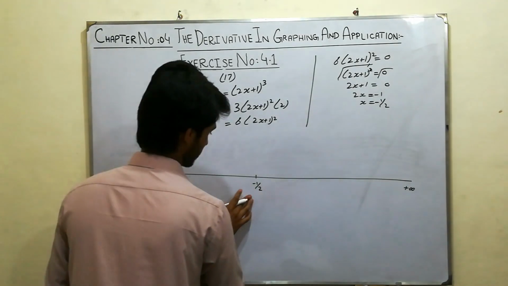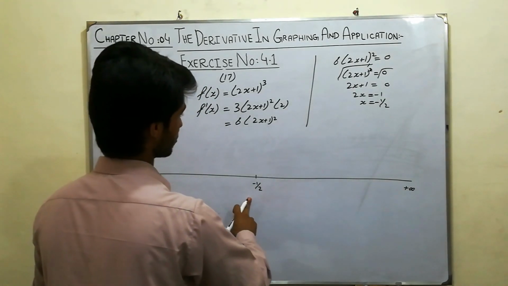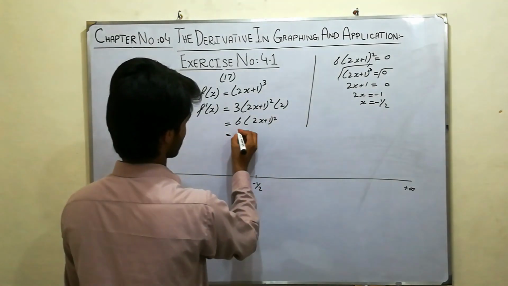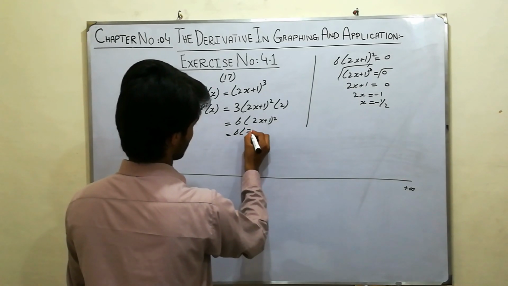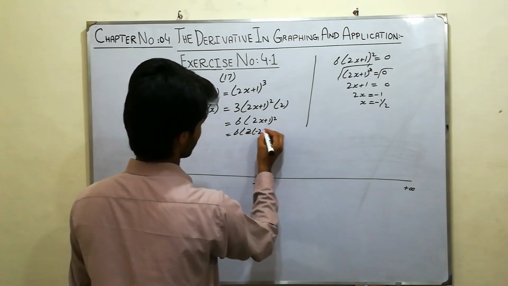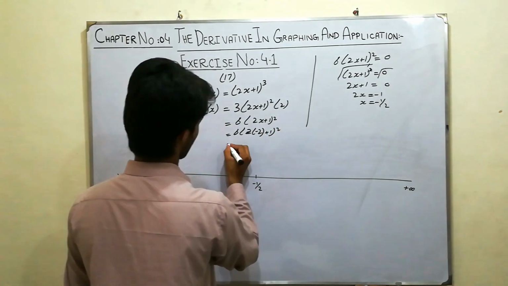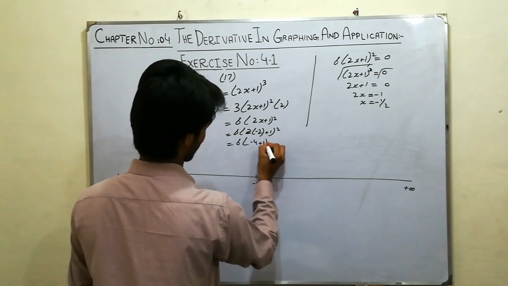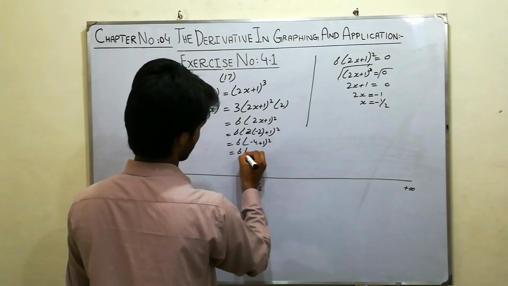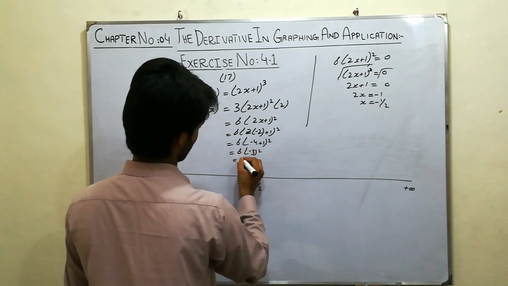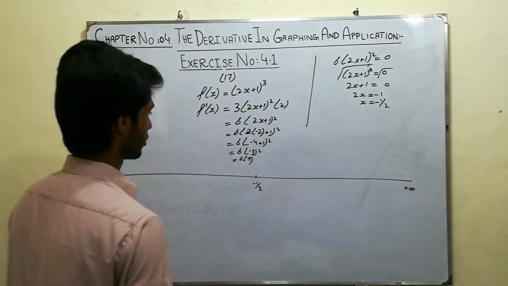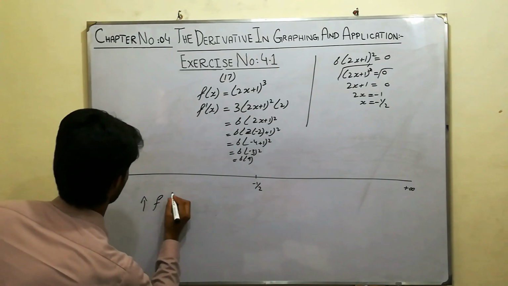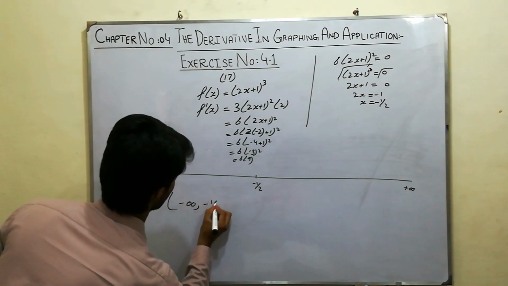If we put a value less than minus 1 by 2, so I put minus 2 in the function, we have a positive value. It means the function is increasing from minus infinity to minus 1 by 2.